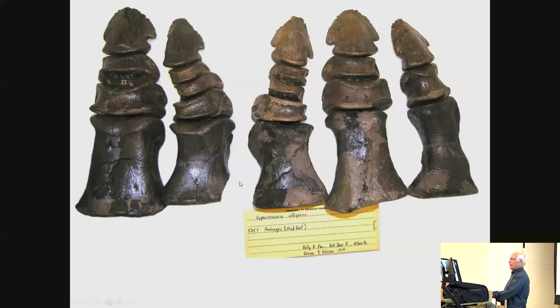I had separately been working on a dinosaur that somebody had found a long time ago, and I was back in the American Museum of Natural History in 2016 or 2017, and photographed all the duck-billed dinosaur bones that I could find because I was working on a sacrum. And so this is a foot that I had photographed.